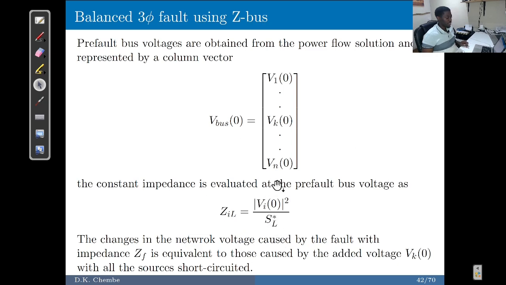The changes in the network voltage caused by the fault with the impedance ZF is equivalent to those caused by the added voltage Vk0, with all the sources short-circuited.